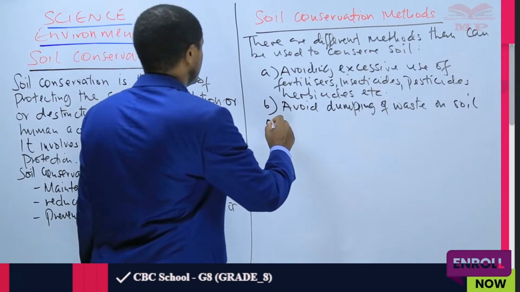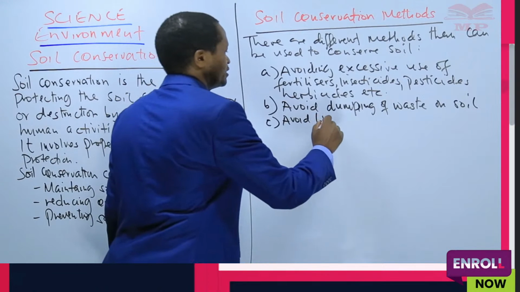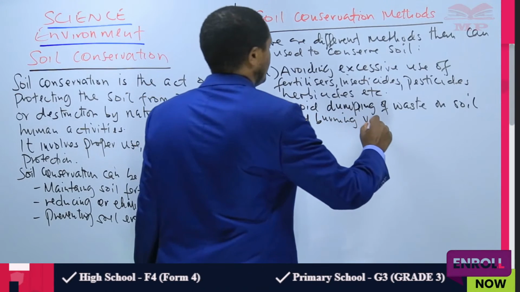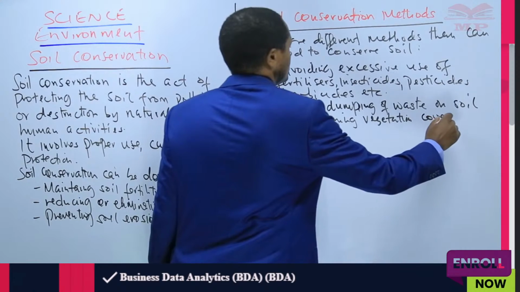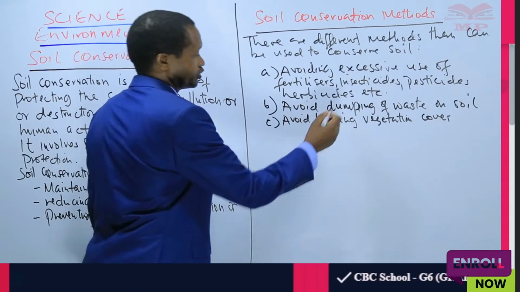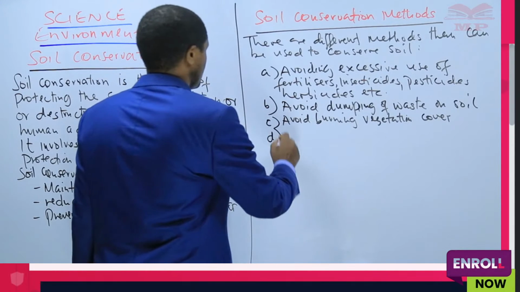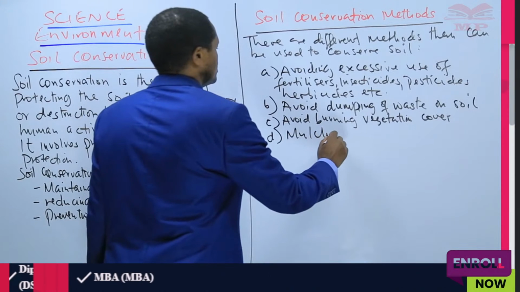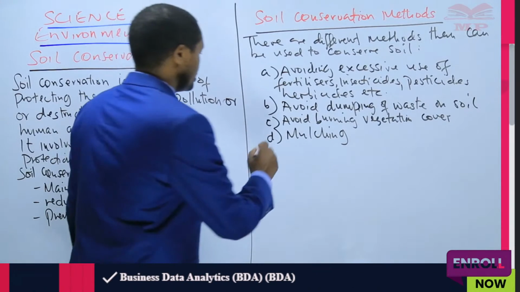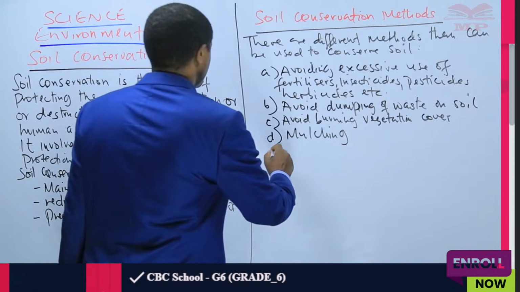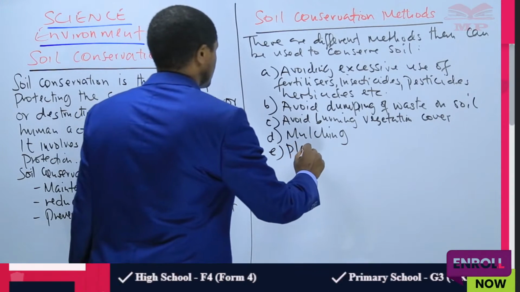Number 3, avoid burning vegetation cover. D, mulching. E, planting cover crops.